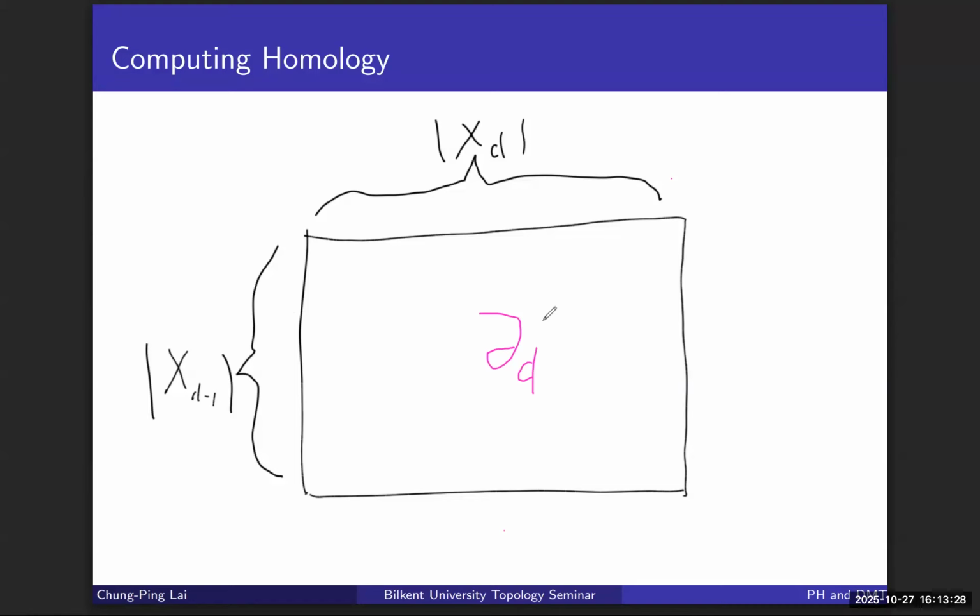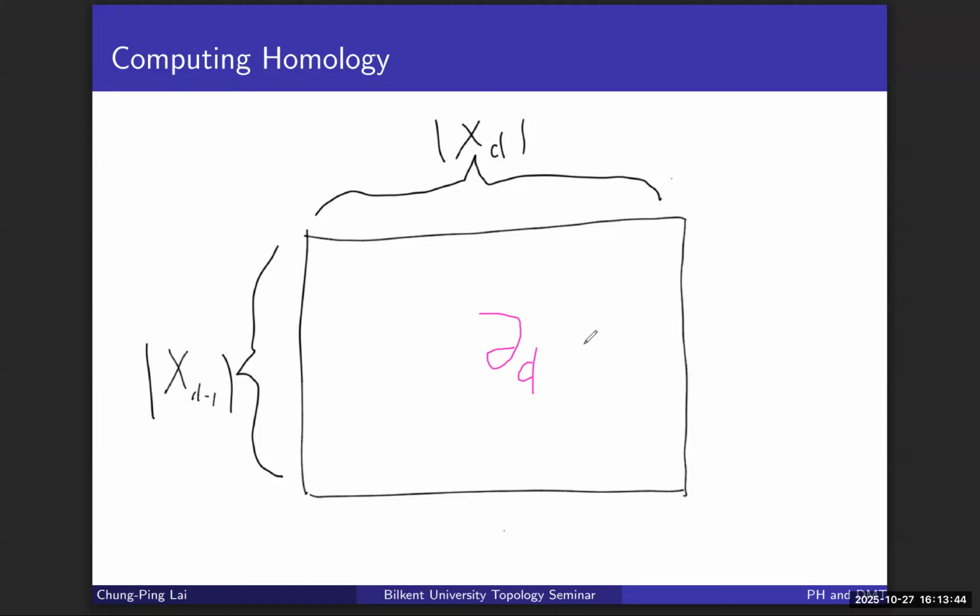Then you construct the differential of the chain map and represent it using this matrix.